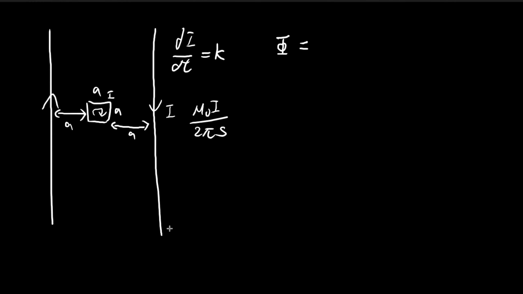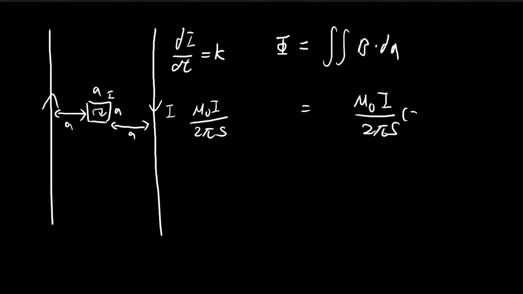So let's focus on one wire first. We have one wire going down. The amount of flux passing through this tiny square is equal to the magnetic field times dA. For dA, I'm just going to take away one dimension and multiply it by A. The second dimension goes in this direction, in terms of S, so ds.